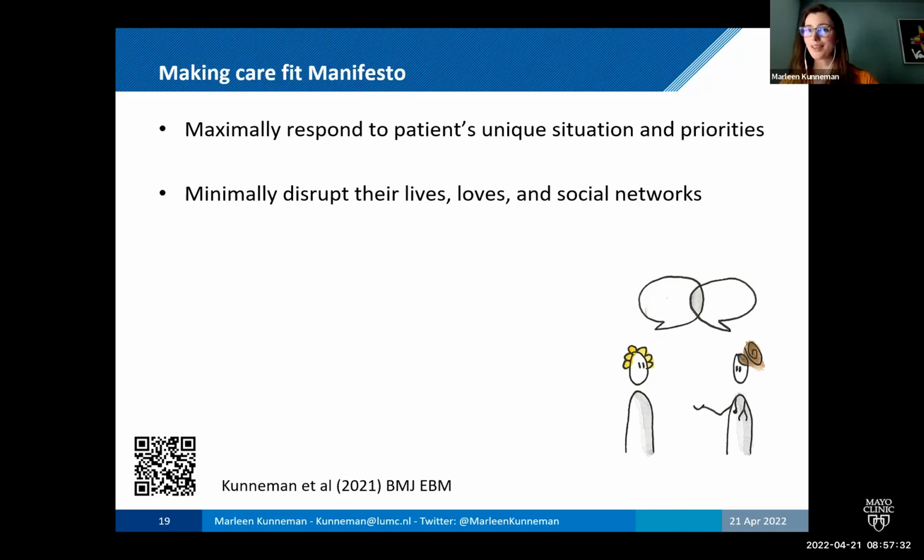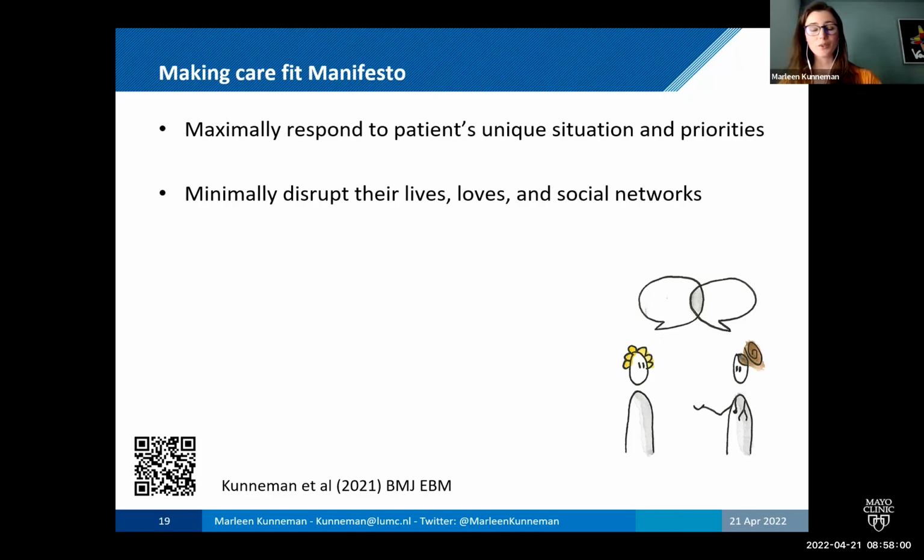In my view, that is trying to achieve that care plans fit for each individual person, that they make sense intellectually, emotionally, practically. We need to make sure that we maximally respond to patients' unique situation and their priorities, that we minimally disrupt their lives, their loves, and their social networks. I think these 2 days, this conference will be a unique opportunity to talk about these topics.